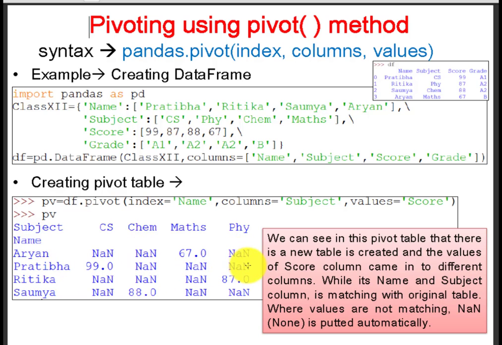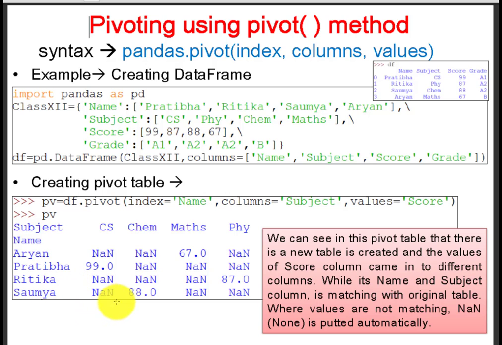As for Pratibha, you see Pratibha has only the CS value, so that's why you get the marks only for CS and the others none. And also you see Ritika has only the marks of physics, 87, so that's why it will show the marks of 87 in physics and the others none.